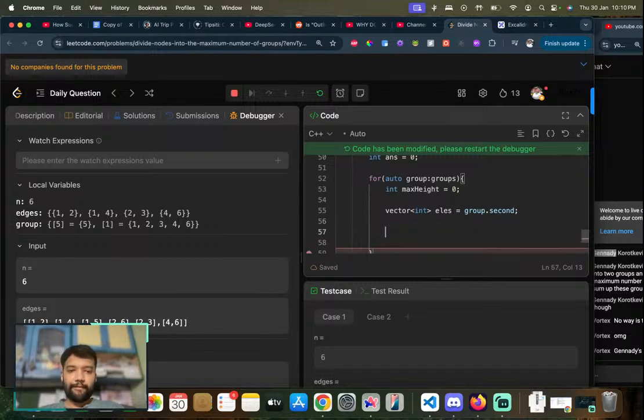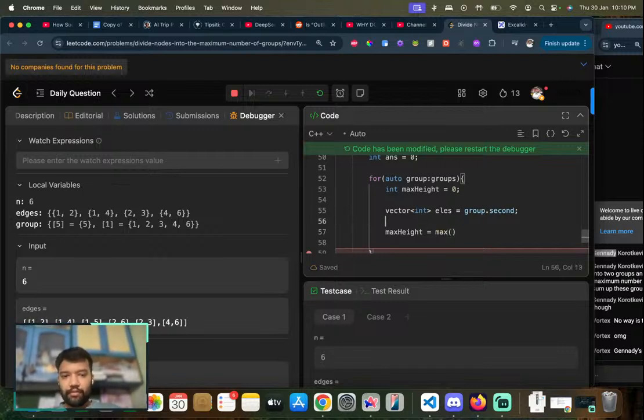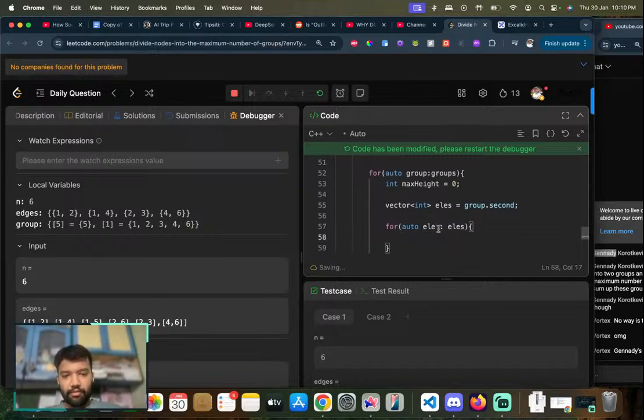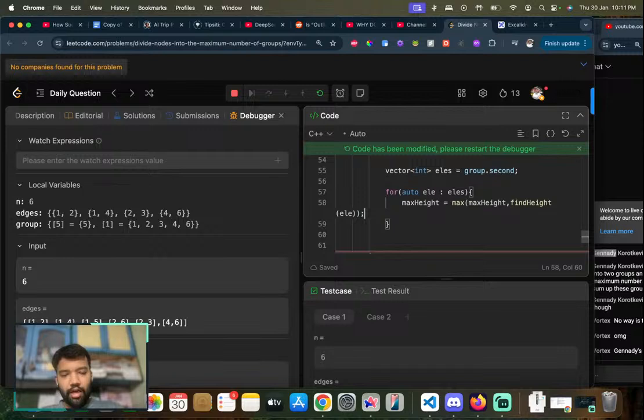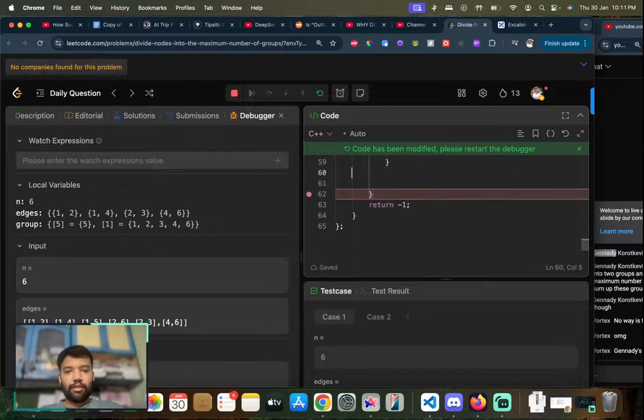For the second group, max height is equal to max of max height comma find height of ELE, for all the elements.